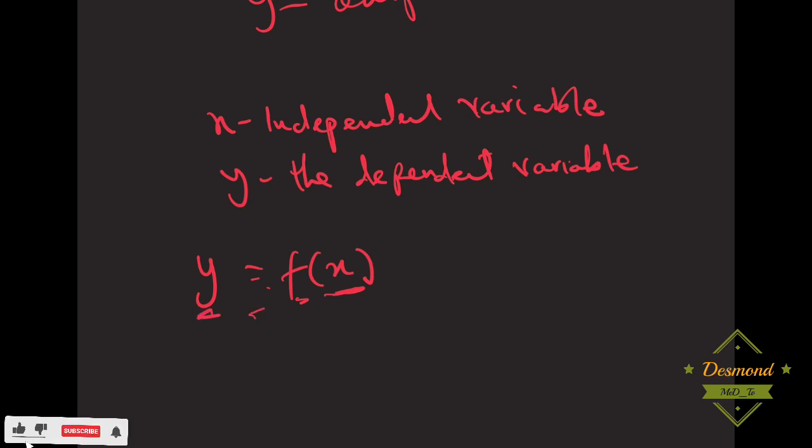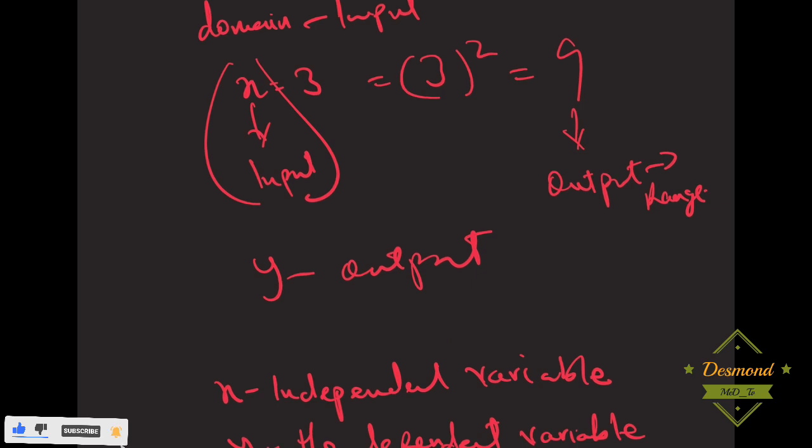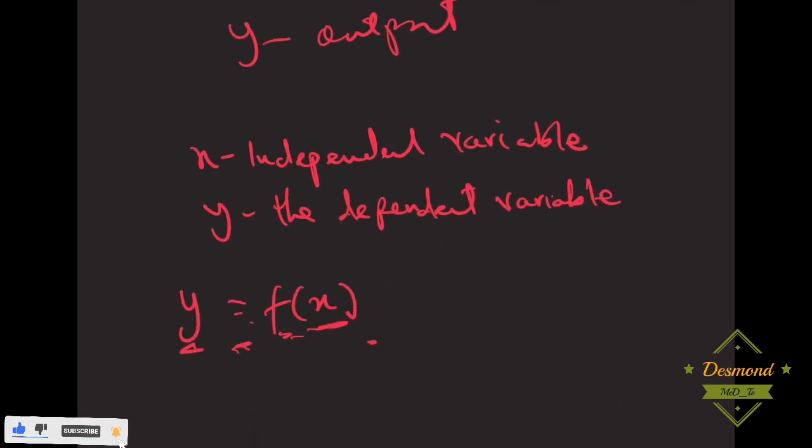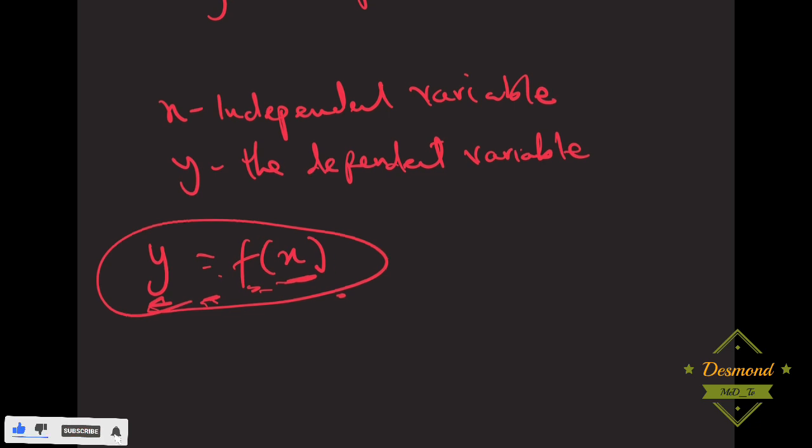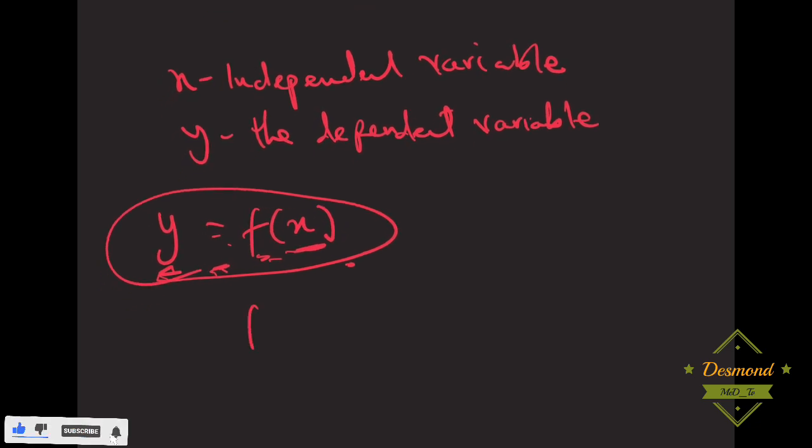So for the function we described earlier, the example where we have a function of all real numbers, with the input being 3 and the output being the square, how do we write this using this equation? We can write it as f of x equals x squared. That's how we can write it.